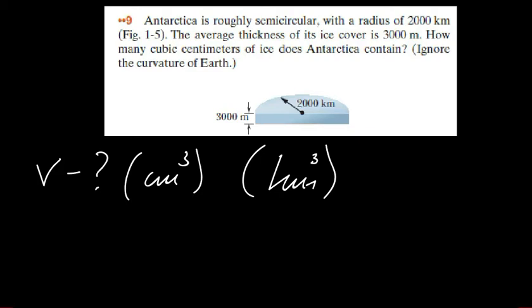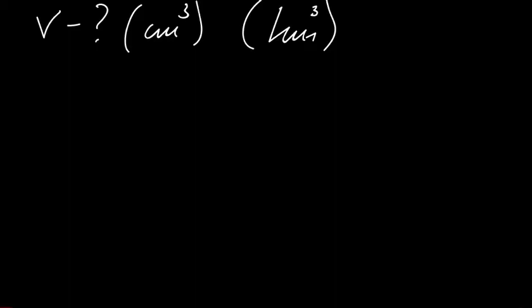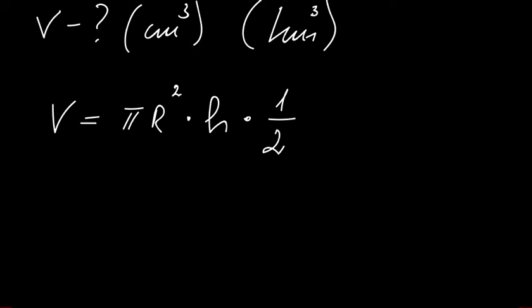So, here's what we need to do. The first thing to do is to write a formula to calculate its volume. So the volume is πr squared, this will give us the area of that object, times its height h, and because it is semicircular we need to divide it by 2.